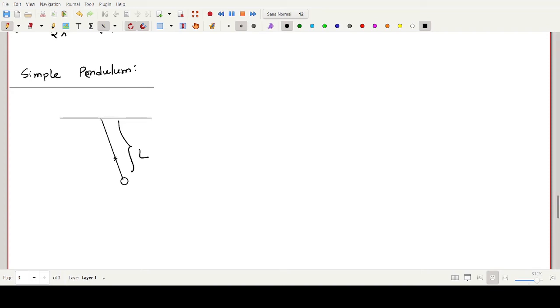So the string is fixed by this. The particle of mass m is called the bob of the pendulum. The bob is free to swing back and forth in the plane of the board to the left and right of a vertical plane through the pendulum pivot point.